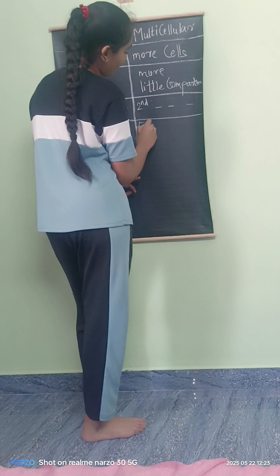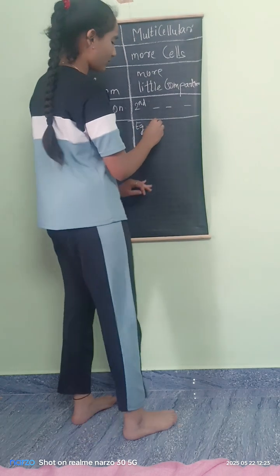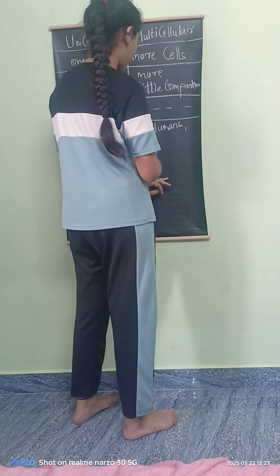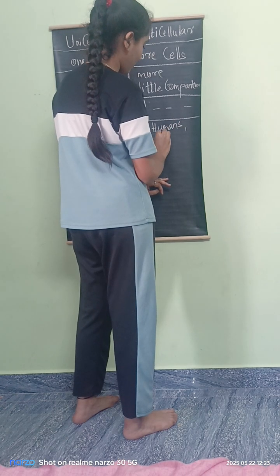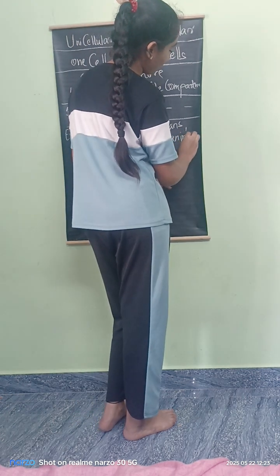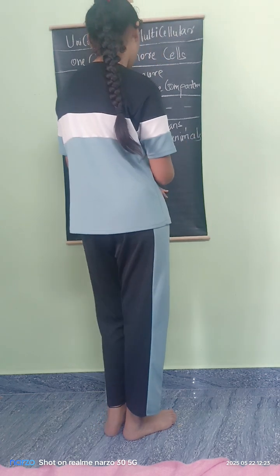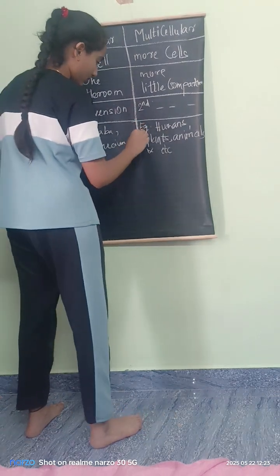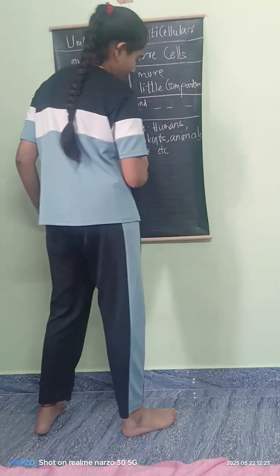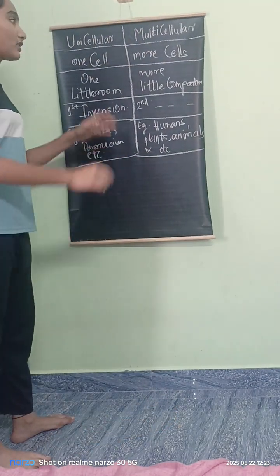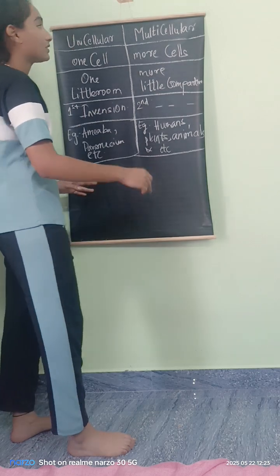Multicellular examples are humans, plants, animals, and so on. These are the examples and the differentiation table for unicellular and multicellular organisms.